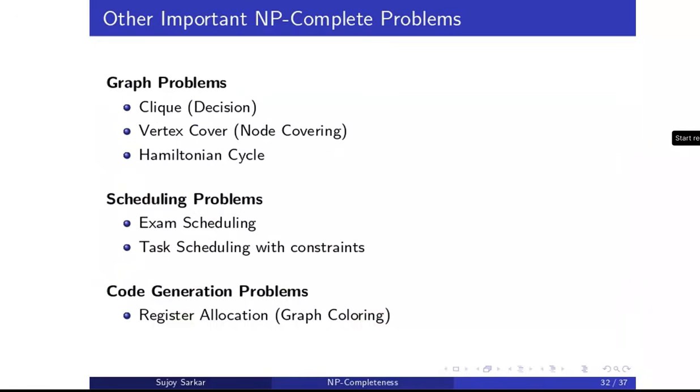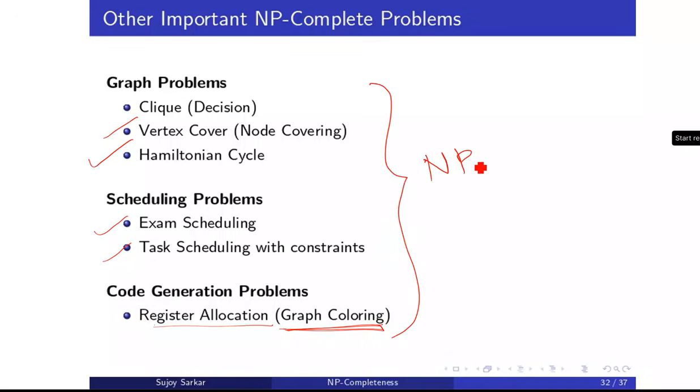In the same way there are other problems. As I have shown earlier, you can reduce one problem to another. Like there are graph problems like vertex cover, Hamiltonian cycle, scheduling problems, or the code generation problem, which is register allocation. Ultimately it's a graph coloring problem. So these problems can each be reduced from an existing problem to show that they are NP-complete.